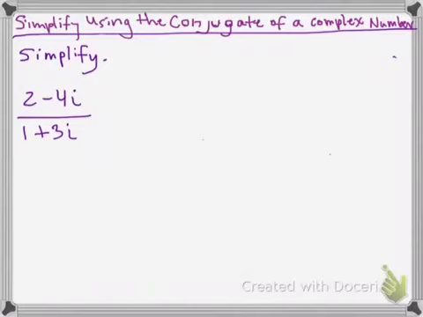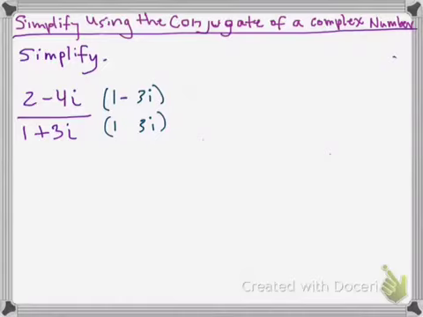So I need to get rid of the imaginary in the denominator, and I'm going to pick the conjugate. The conjugate of a complex number is keeping the values the same as what the denominator is, just like what we did with radicals, and then changing the operation between them to be opposite of whatever it originally was.